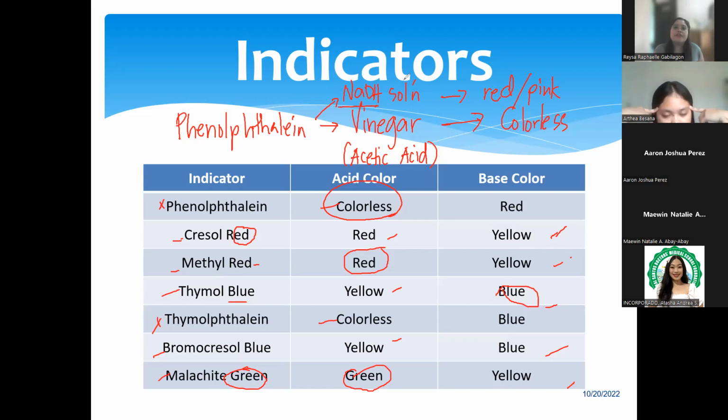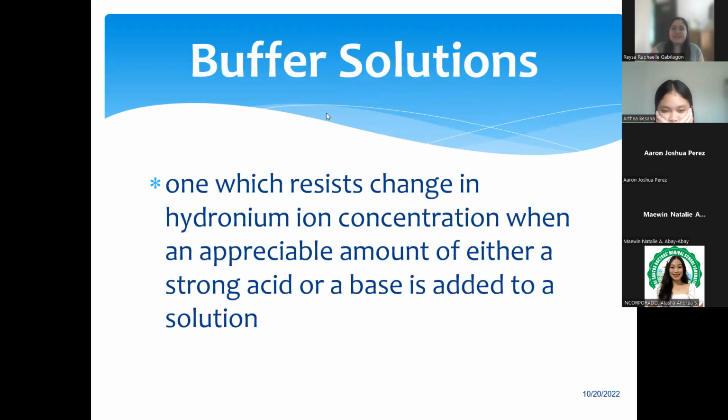Pero if the concentration is lowered, parang pink lang yung color niya. Faint yung kanyang color. Oo. pH talaga yung ginagamit natin instead of the pOH. Okay? Sige. Any question about our indicators?